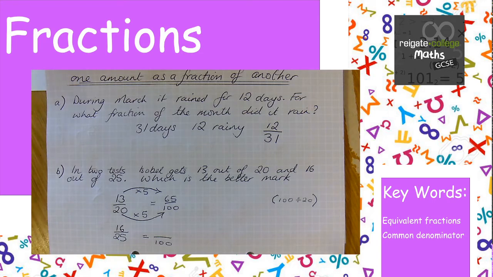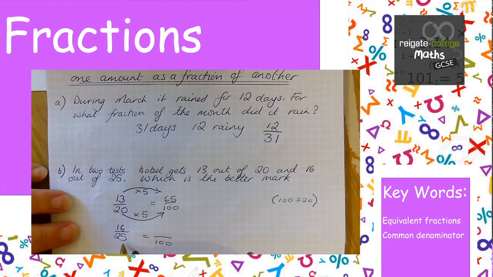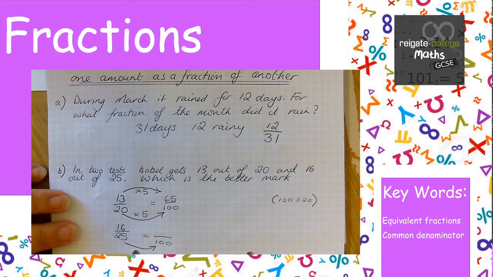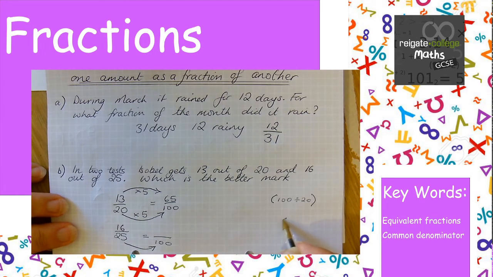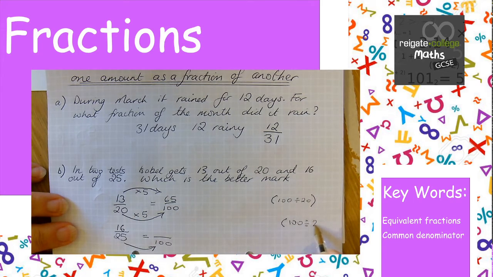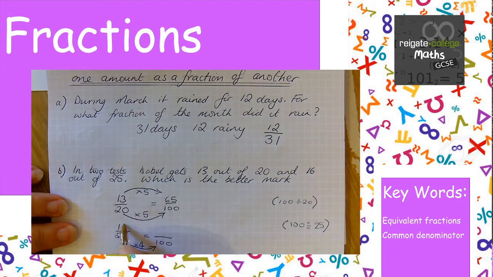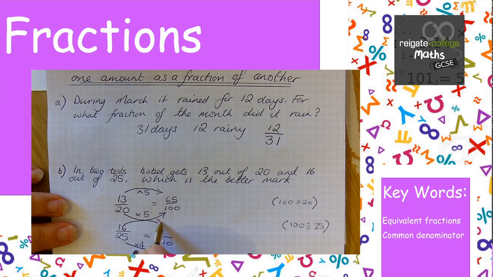I'm going to go through the same process with the second fraction, and I'm looking for my multiplier by 25 this time. Just in case you're unsure, that's 100 divided by 25. That's 4. So my multiplier is 4. I do the same to the top.